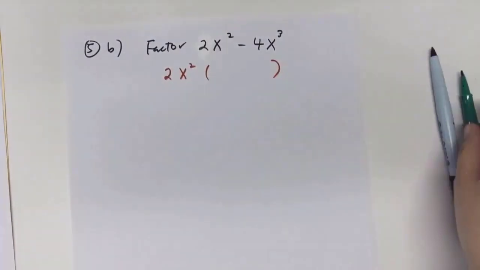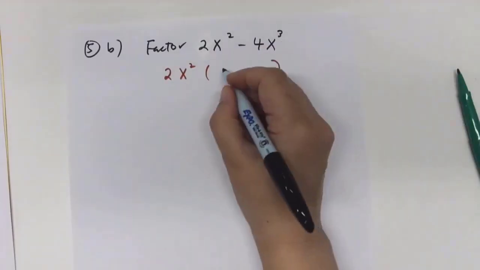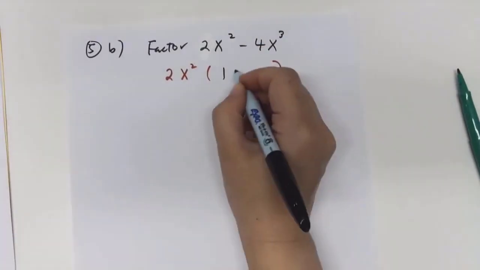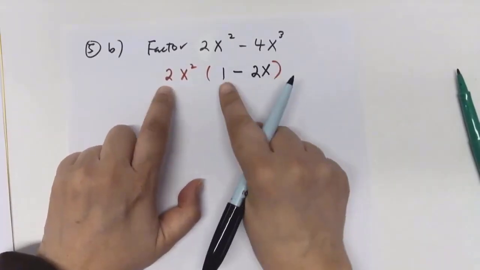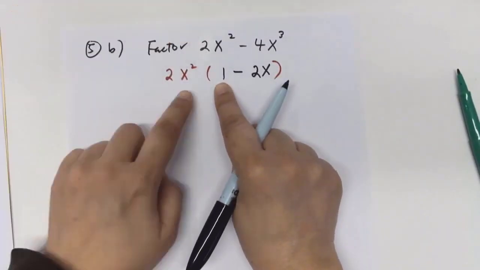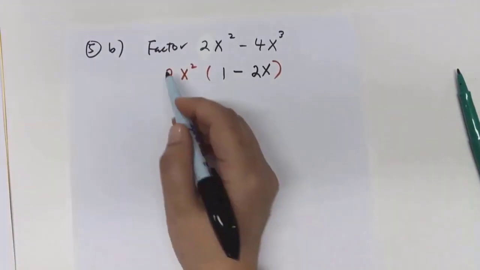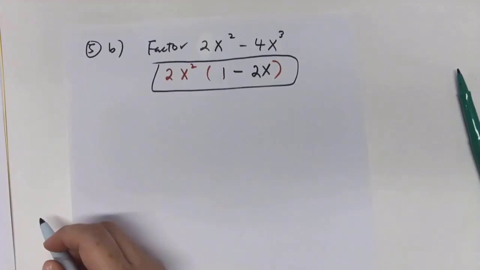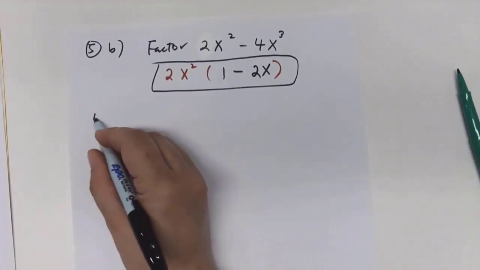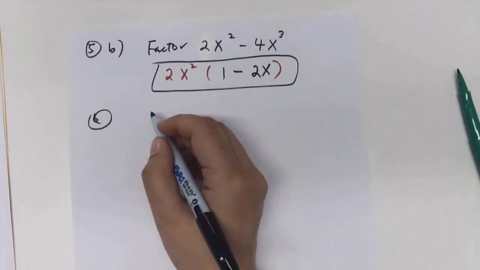If we pull out the whole thing, we use 1 to hold the place. Bring down the subtraction, 4 divided by 2 is 2, and then you have 1 more. This times this is the first term, this times this is the second term, okay? All right, so you have one like that, pulling out a GCF, and then we have another one like this.